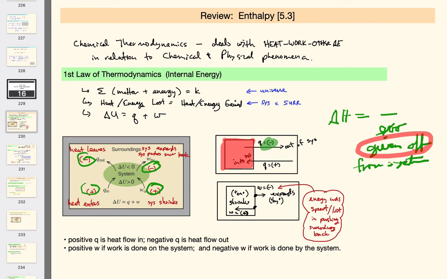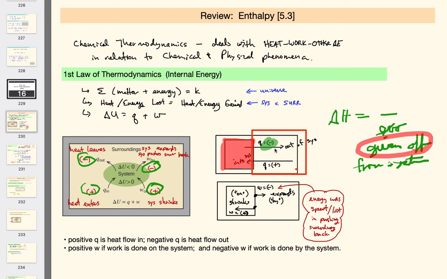Why? Because not all questions are from the perspective of the system. Every now and then we talk about things from the perspective of the surroundings. So the surroundings can, quote, give off heat. Yes, the surroundings can give off heat, but that's not an exothermic, that's actually an endothermic. Why?